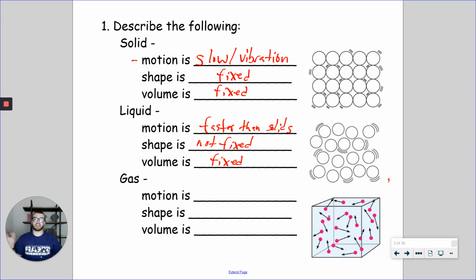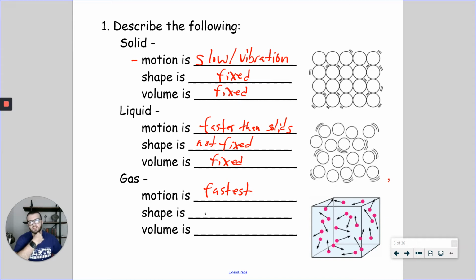And then we get to gases, and you can obviously see that the motion of gases is the fastest among our three examples here of solid, liquids, and gases. Gases are the fastest type of particle. The shape, gases, they don't have a fixed shape.